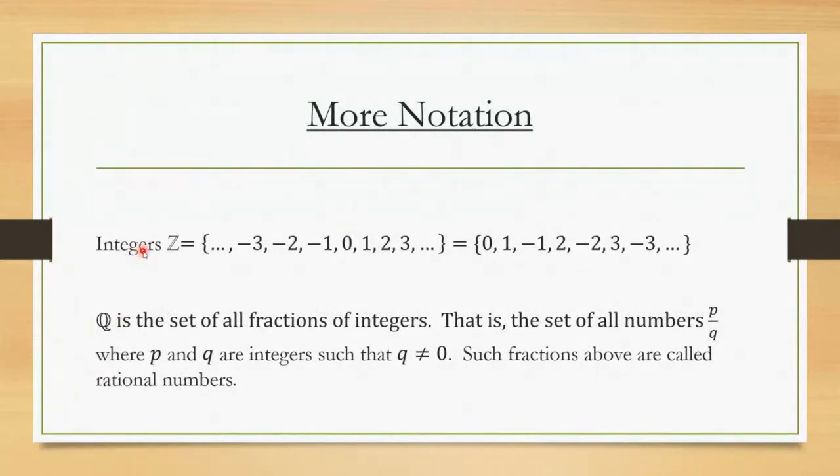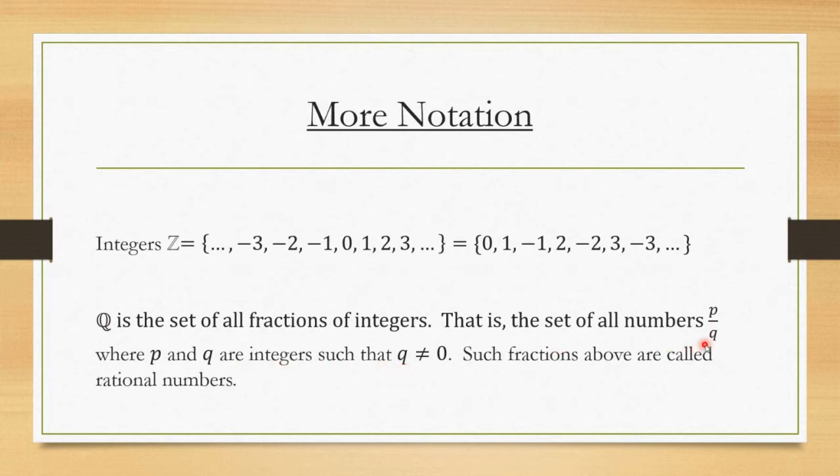From that set, we can get the set of rational numbers, which is denoted by this funny-looking Q. It's all fractions of integers. In other words, all the elements in this set are fractions that look like P over Q, where P is an integer and Q is a non-zero integer.